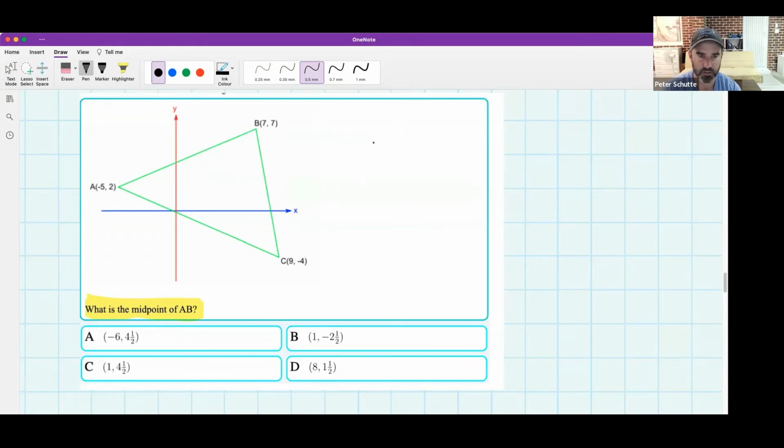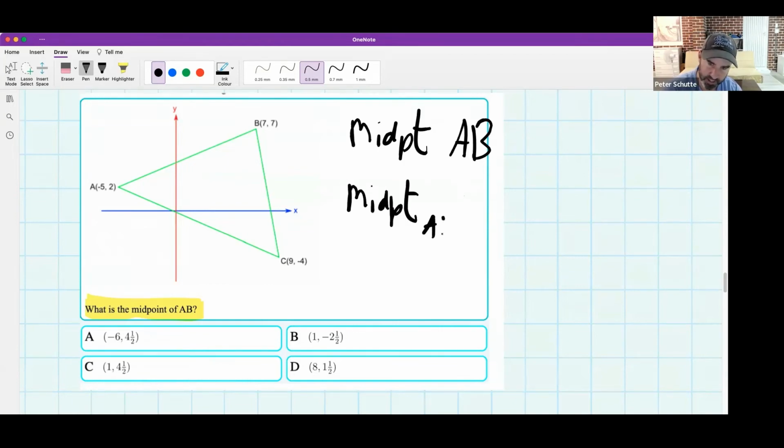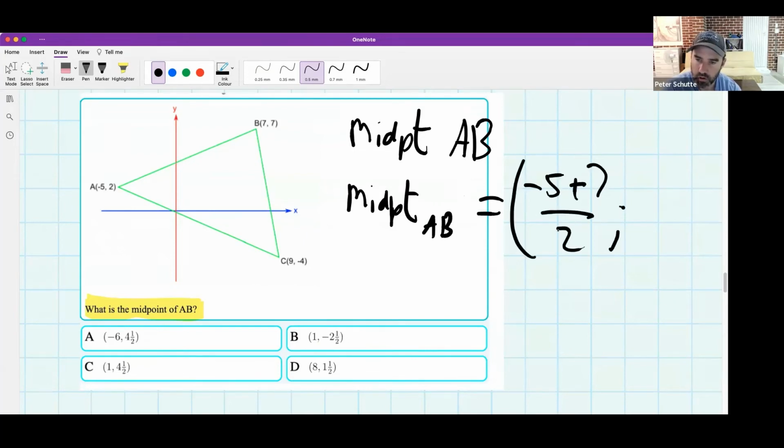Okay, so sometimes the notation we use is midpoint AB, or even sometimes you see people write it with a little subscript AB. So what do we have? Minus 5 plus 7 over 2.